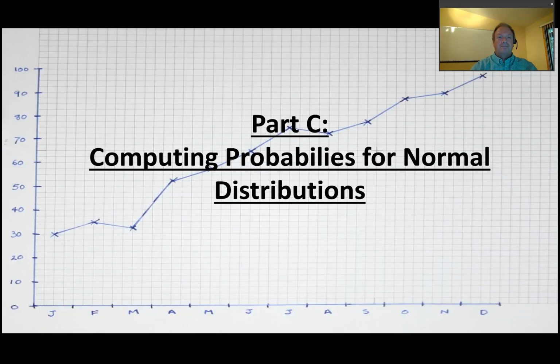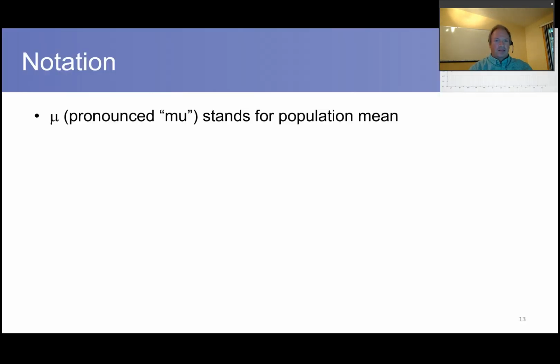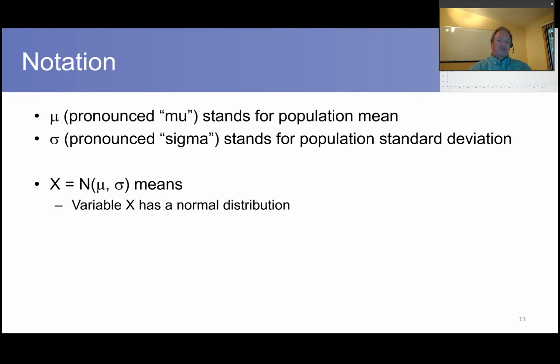Okay, so let's talk about how to compute probabilities for normal distributions using z-scores. And we've already talked about the notation, right? We use mu for the population mean of a normal distribution. We use sigma for the population standard deviation of a normal distribution. And I'm going to introduce a new piece of notation.